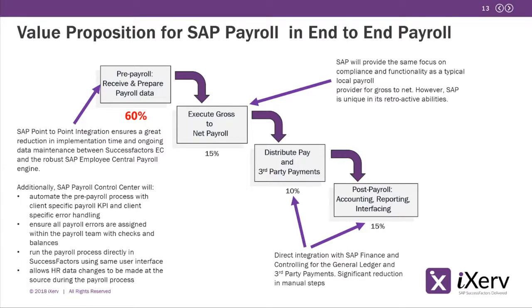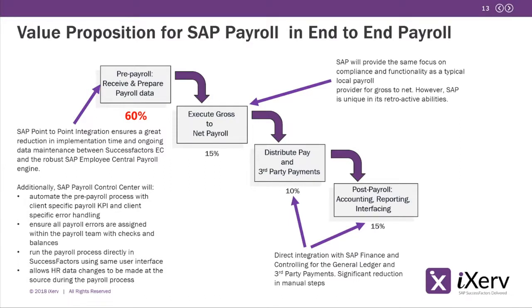With other payroll vendors hooked up to cloud vendors for HR, you don't really have the opportunity to go back to the root of the problem of the data. Most of the time, you have to hope that somebody reconciles the data after the payroll process. With Payroll Control Center, I can click directly into SuccessFactors and make changes to the data and get that through.